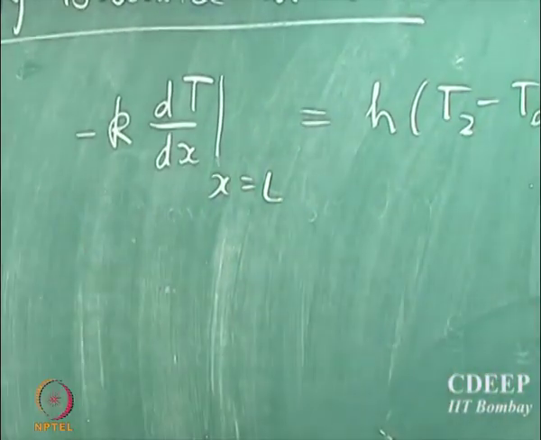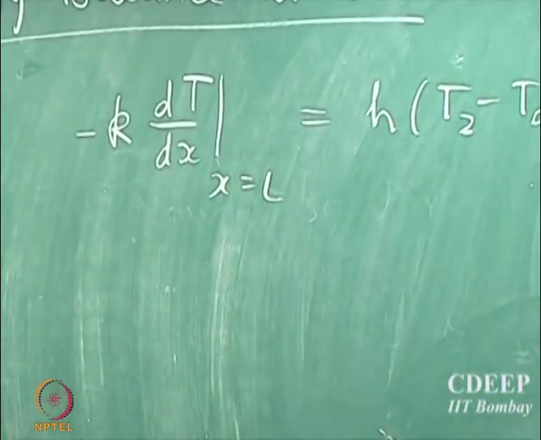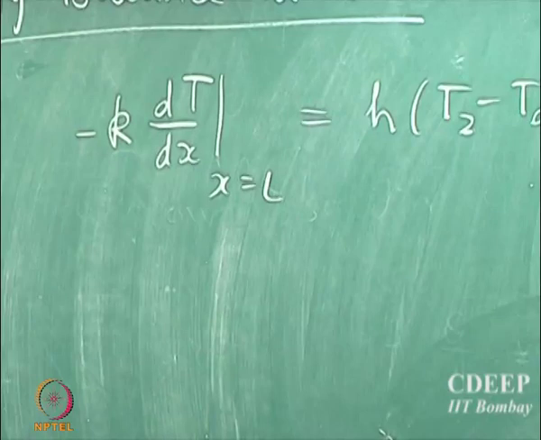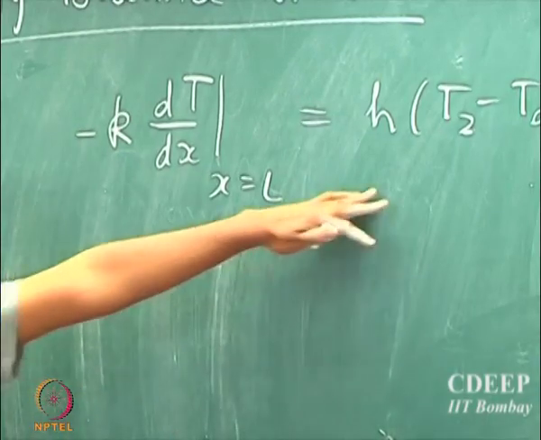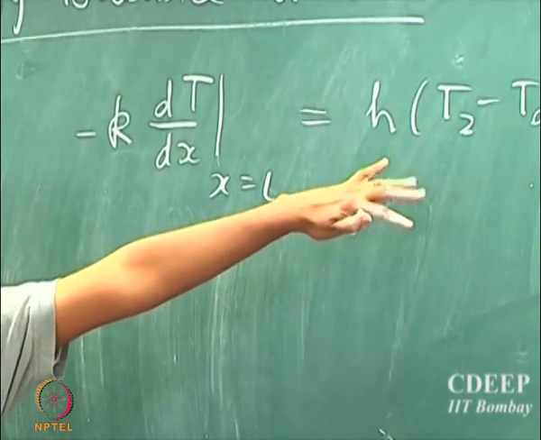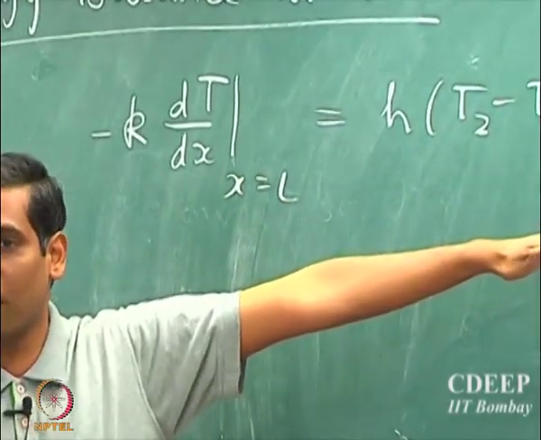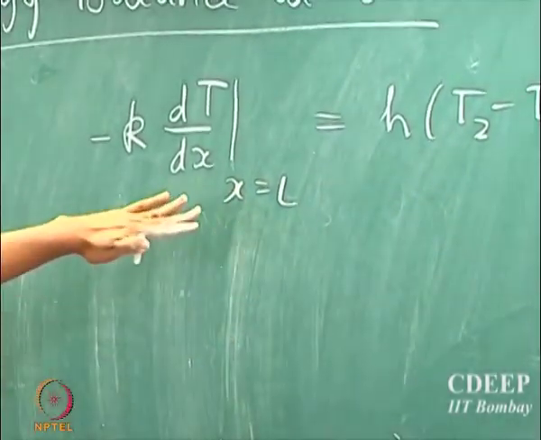So that will be h into T2 minus T infinity, at x equal to plus L. So the flux of heat that is transported via conduction at the boundary should be equal to the amount of heat that is actually transported from the solid to the fluid that is circulating around. Does everyone understand this?